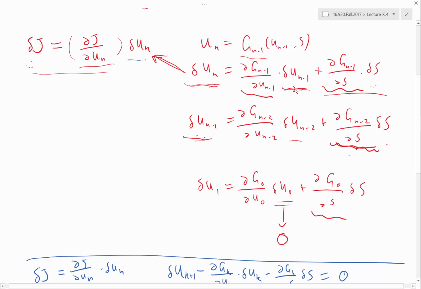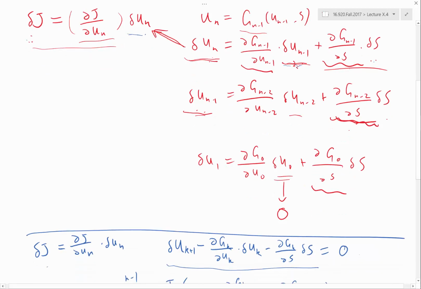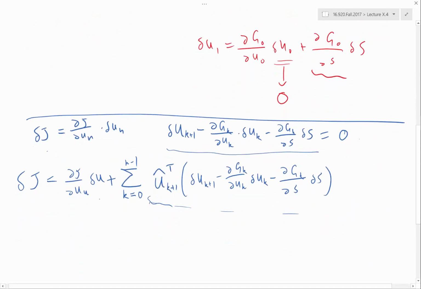And then we also need to get rid of delta un minus 1, and then delta un minus 2, etc. So the task here is to get rid of all these delta uk's. So how do you do that? By choosing the appropriate Lagrange multipliers.